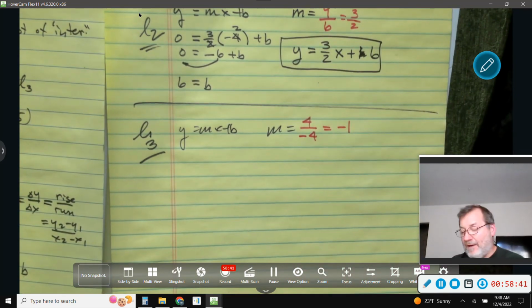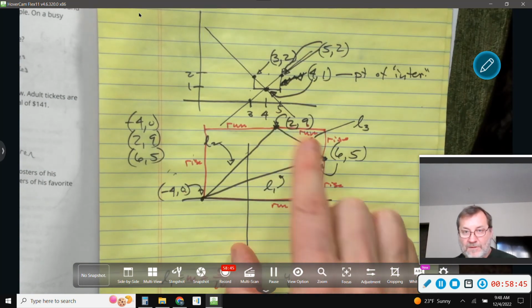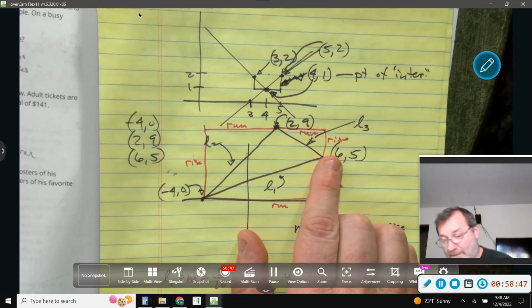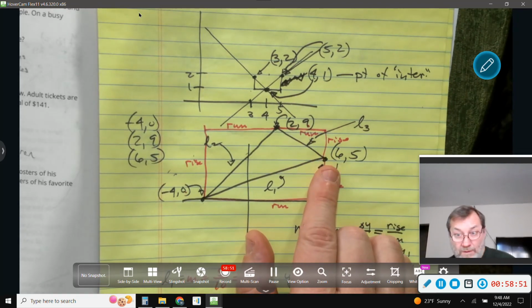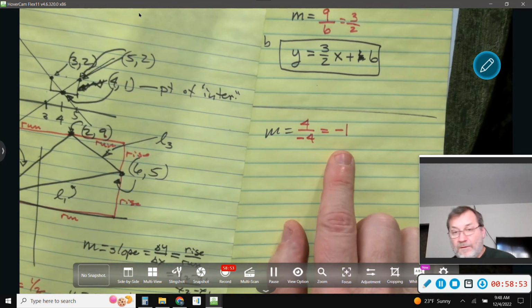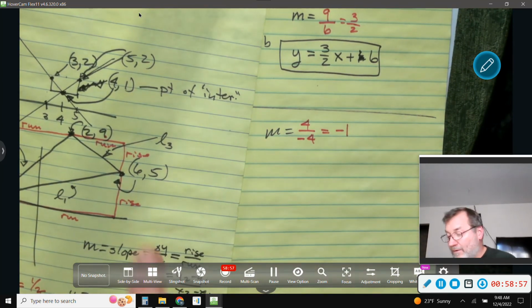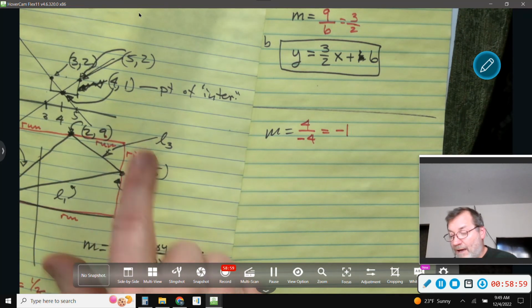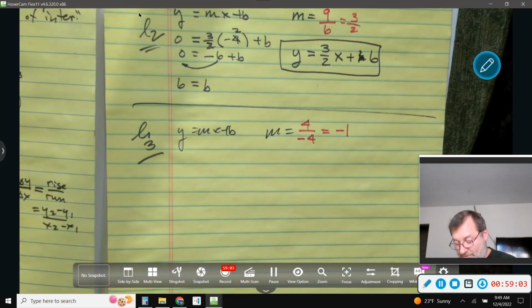Now this time, I don't have my little helper with me, so I've got to pick one of these two points. It won't matter which one you pick. I like to pick the one that's going to be easiest to work with. Now, we've got a slope of -1, so I don't have to worry about odds and evens or anything weird. I'll pick 2, 9.